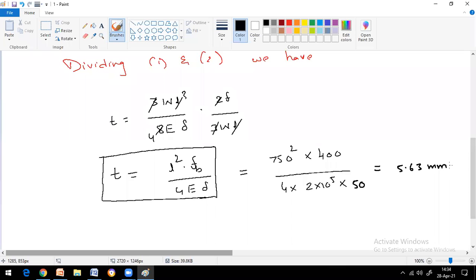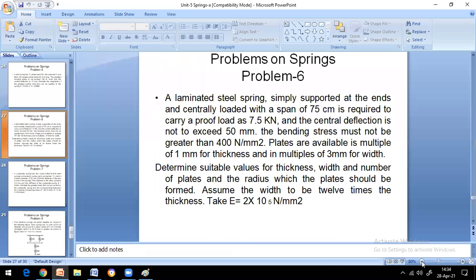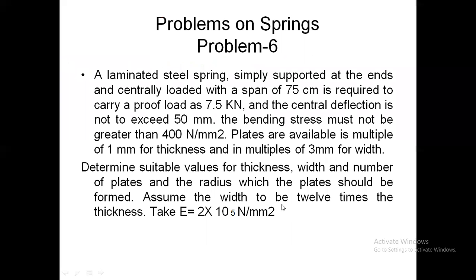Clear? After getting this thickness of the plate, you have to go through the statements. Let's see the statement given in the problem. It was clearly given that plates are available in multiples of 1 mm for thickness and in multiples of 3 mm for width.